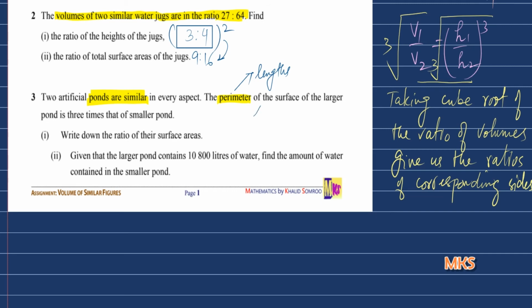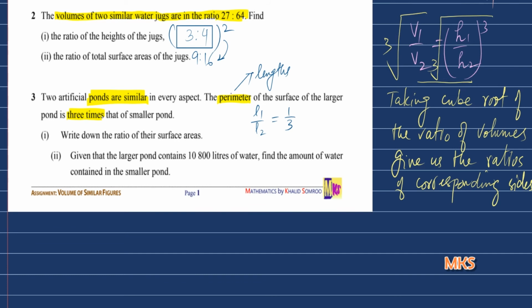Means, in other words, L1 over L2, if L1 is for the smaller one, is 1 over 3, because it's saying the larger is 3 times the smaller one. So if the smaller pond has the perimeter 1, definitely the larger will be 3 times 1, which is 3.